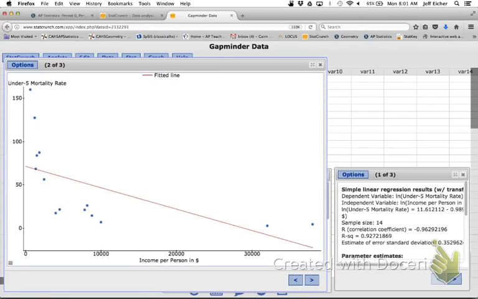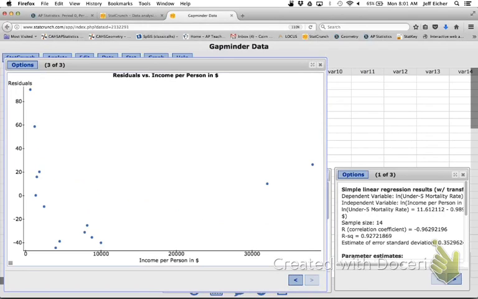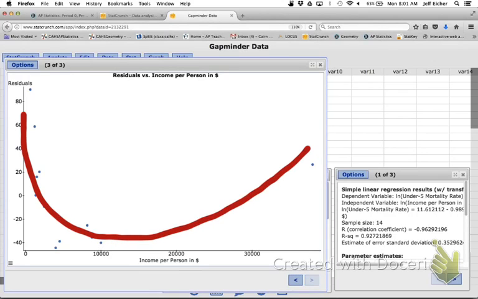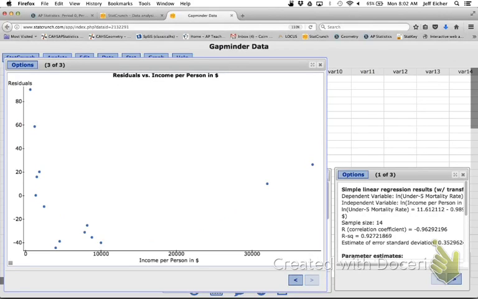And you can see in the residual plot, if you're able to get that to work in StatCrunch, this curved pattern, which tells us that there's some more association that the linear model didn't take care of. We would like random scatter if a linear model is going to be appropriate.